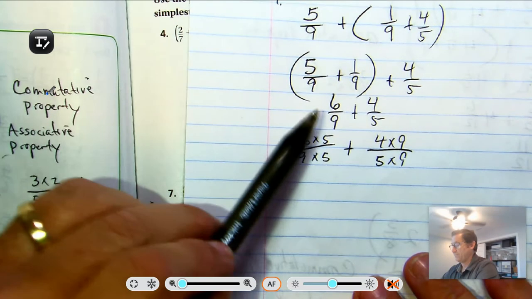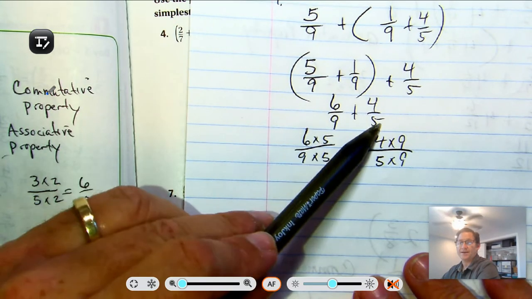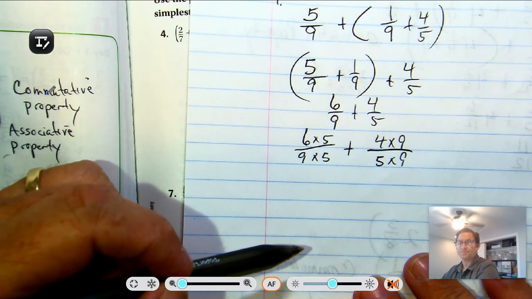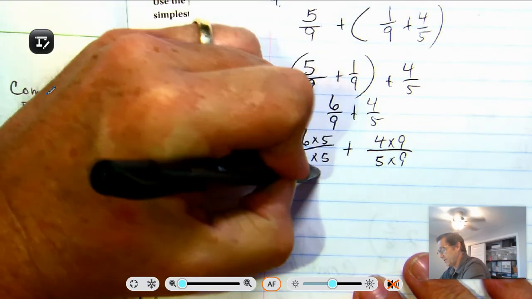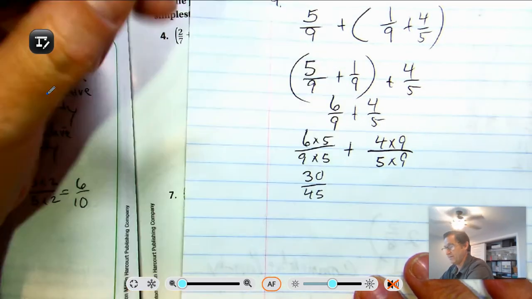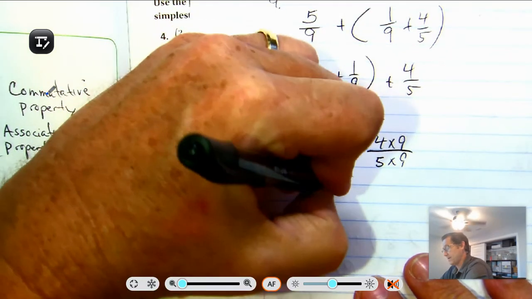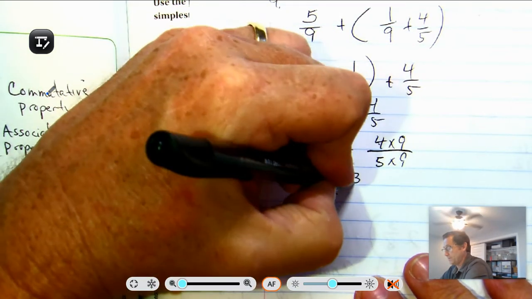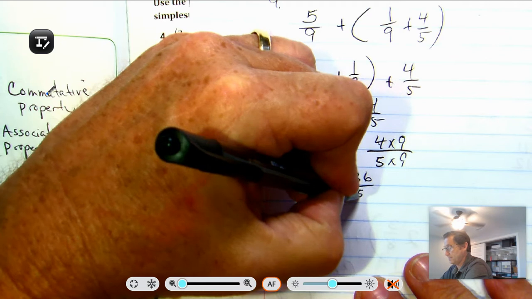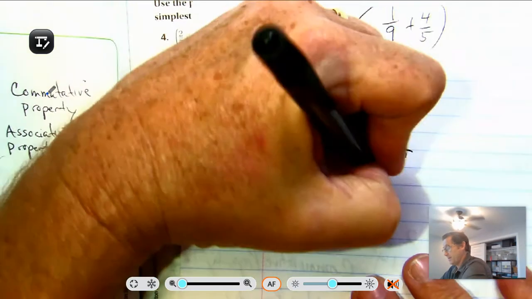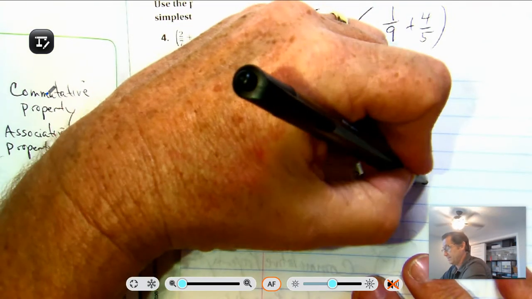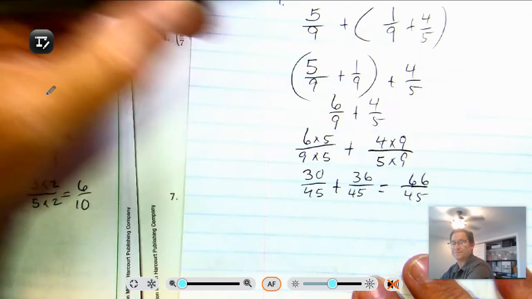So all we're doing is finding like denominators, multiplying the 9 and the 5 together. All right, so 6 times 5 is 30, and 9 times 5 is 45. 9 times 4 is 36 45ths. Add these together, we are going to get 66 45ths.